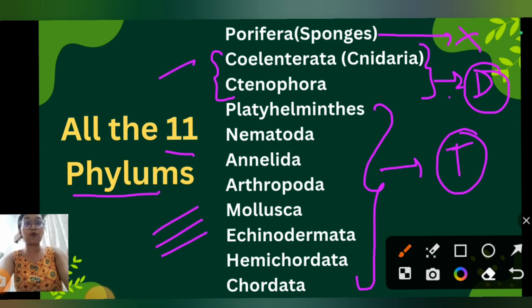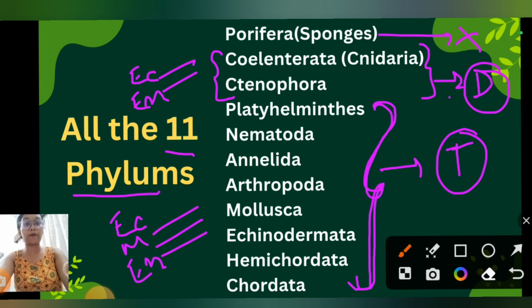They have 2 germ layers, ectoderm and endoderm, in Coelenterata and Ctenophora, and from Platyhelminthes to Chordata you have ectoderm, mesoderm and endoderm. Is it clear? And Porifera does not have any kind of germ layer, or you can say embryonic layer. Is it clear?